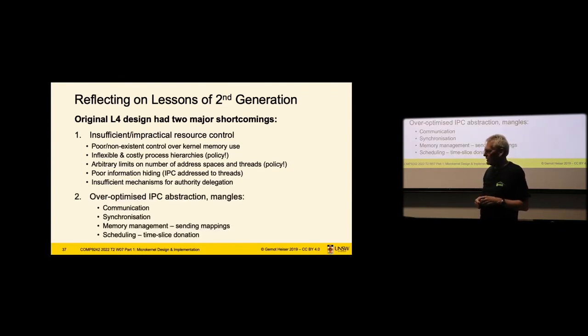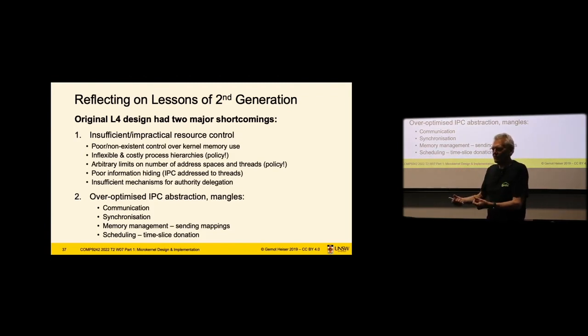And the other thing is that, with the benefit of hindsight, I must say the IPC abstraction was over-optimized. Jochen mangled too much into the same abstraction. In particular, it doubled for communication, synchronization, and memory management, because to establish a mapping in address spaces, you send a page over IPC.